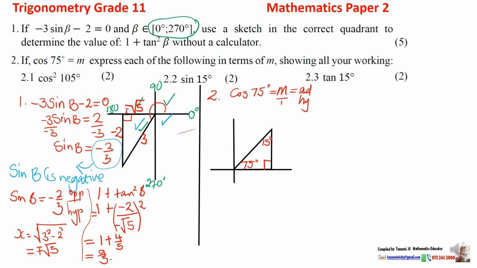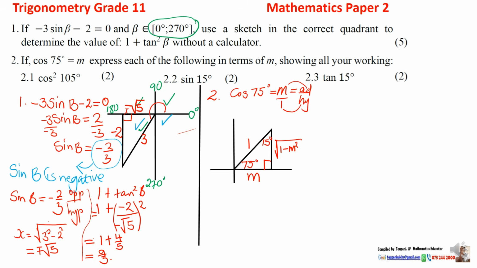This is m over 1. So the adjacent is m, the hypotenuse is 1. You go to the triangle, the adjacent to 75 is m, the hypotenuse is 1. Then the third side is calculated using the theorem of Pythagoras. It will give us the square root of 1 minus m squared.